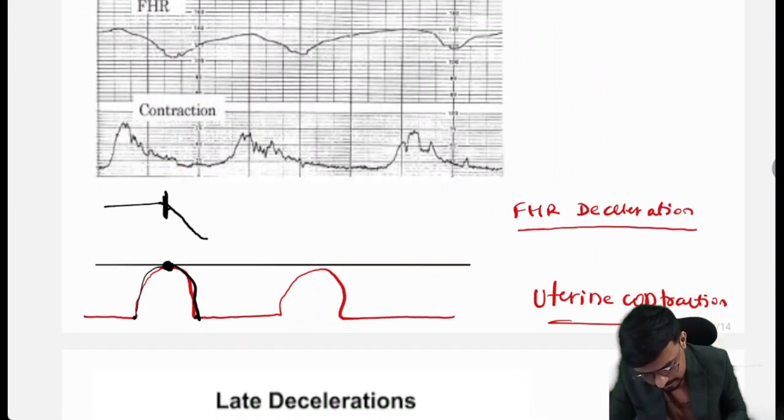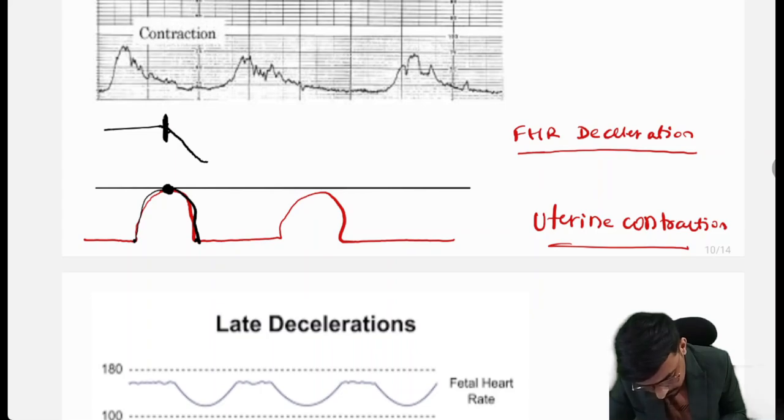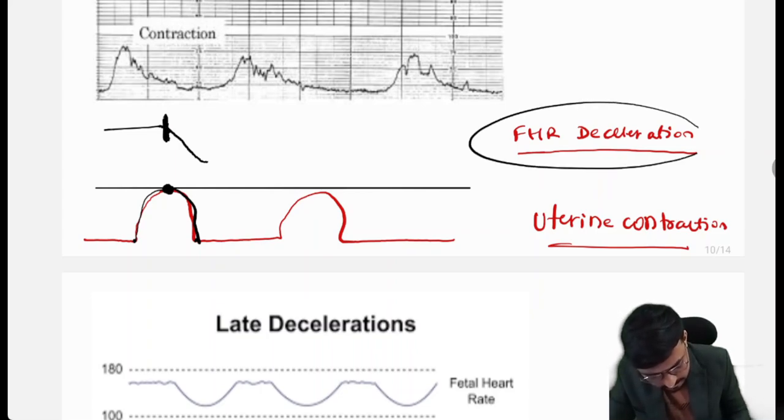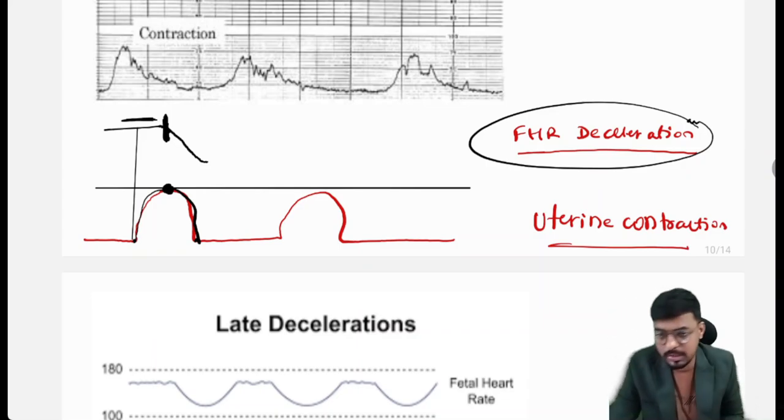But in the late deceleration, the fetal heart rate starts to decrease when the uterus is at the peak of the contraction. It should actually begin from here, but it is not beginning here. It is beginning from the peak of the uterine contraction, meaning there will be a delay. That is what we call the late deceleration or the delayed deceleration.